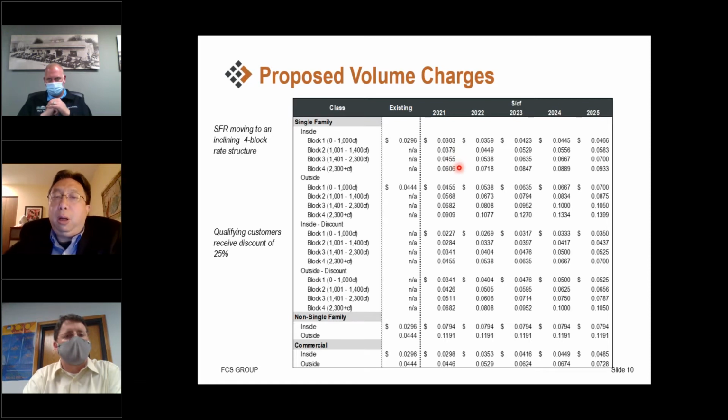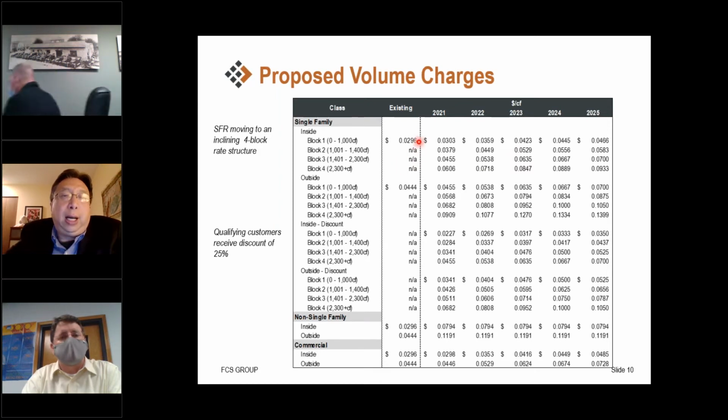In terms of a choice for the city, for council, you certainly have a choice. You don't have to. Nothing says you must implement cost of service rates. You could maintain your existing rate structure and continue billing your customers using a single block rate structure.